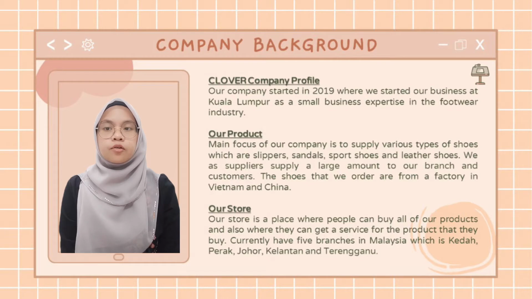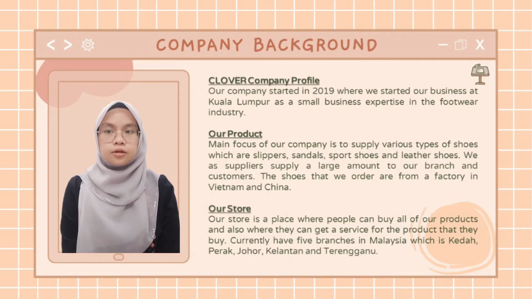Next, our product. The main focus of our product is to supply various types of shoes which are slippers, sandals, sport shoes and leather shoes. We as suppliers supply a large amount to our branches and customers. The shoes that we order are from a factory in Vietnam and China.